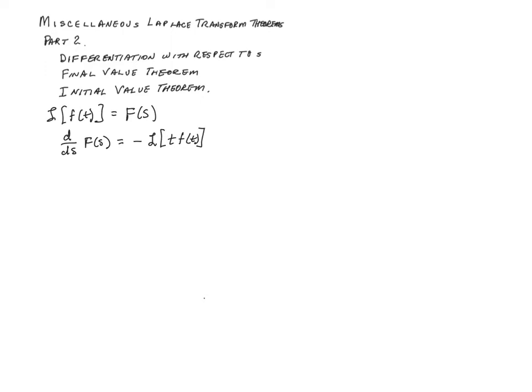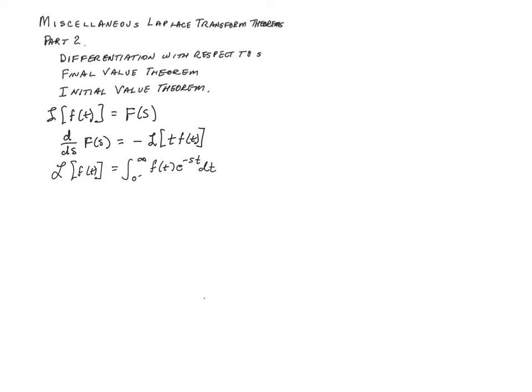So the question is, how do we establish this? And the answer is the same way we do every other one, which is to say we will write down, first of all, the Laplace transform of f of t in its integral expression form, the integral from 0 minus to infinity of f of t e to the minus st dt.